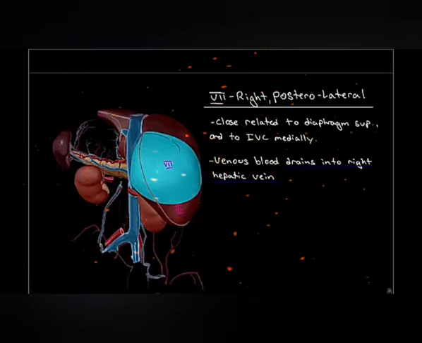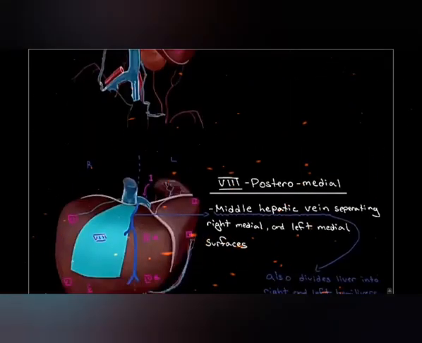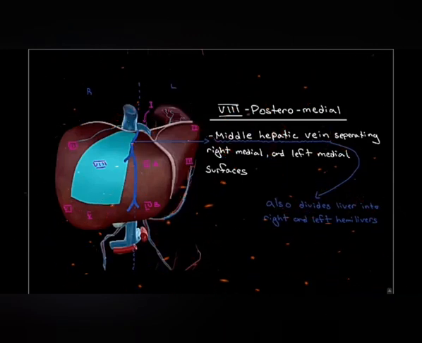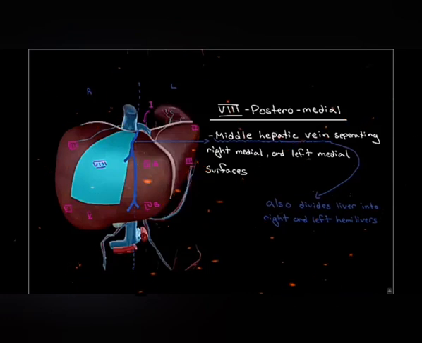And here we can see segment number 7. Again, both segment number 7 and number 6 drain their blood into the right hepatic vein. And now highlighted the last one, segment number 8, we can appreciate all of these segments being drawn on, and again that very important middle hepatic vein, which is the border between the right and left hemiliver.